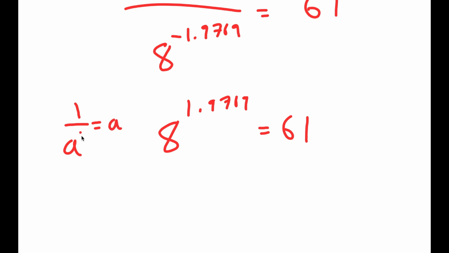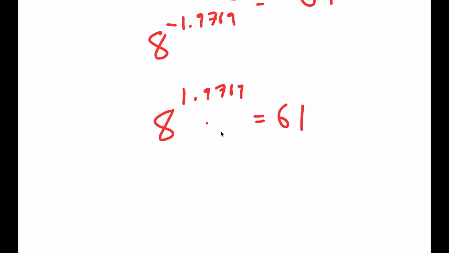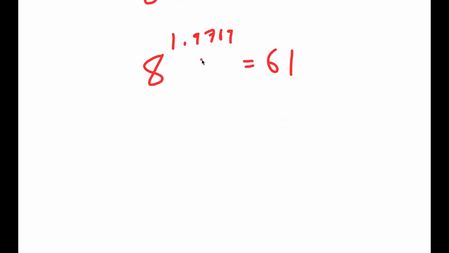So 1 over a to the power of n is equal to a to the power of negative n. Now, if you plug in 8 to the power of 1.9769 in your calculator, that's going to be approximately 61. So I get 61 is equal to 61, and this is right, so I know my solution is right.